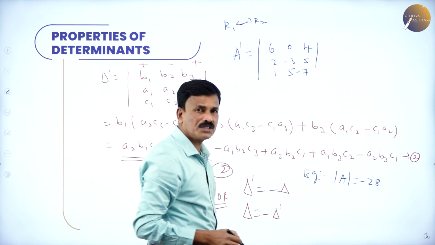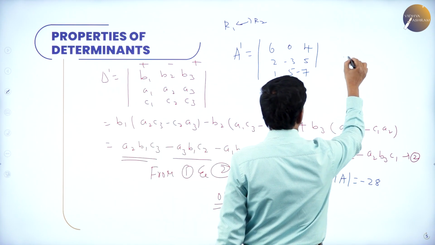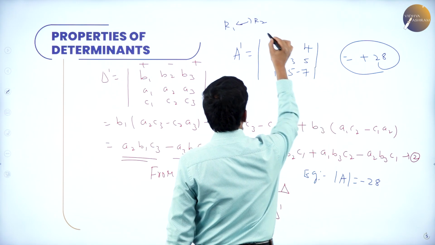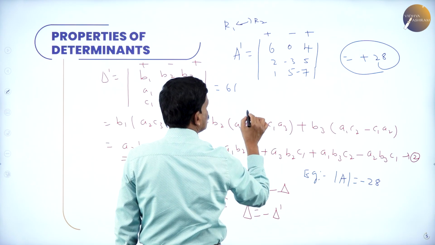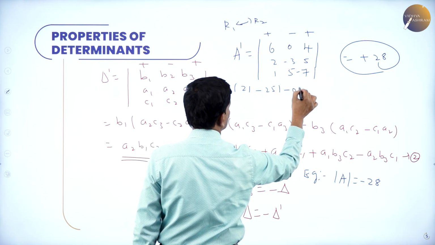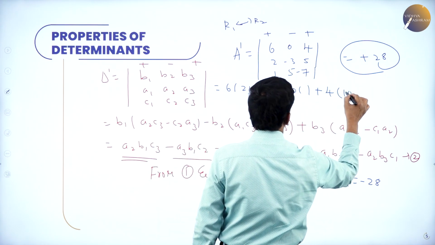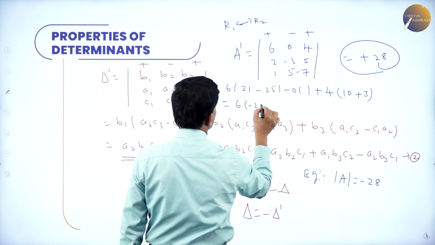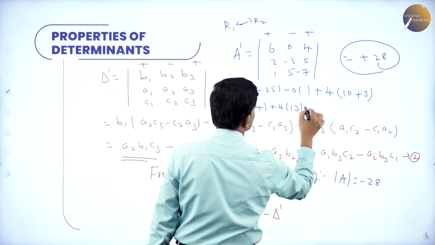So according to the definition, I have interchanged 2 rows. The answer we are going to get is plus 28. Let us check this. Plus, minus and plus. 6 into minus into minus plus, 7 3s are 21, 5 5s are 25, minus 0 into number is 0, plus 4 into 5 2s are 10, minus into minus plus 3. So this is equal to 6 into minus 4 plus 4 into 13.